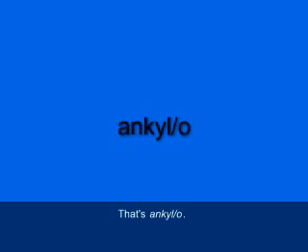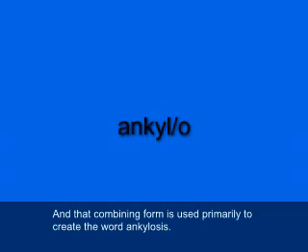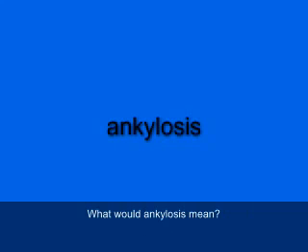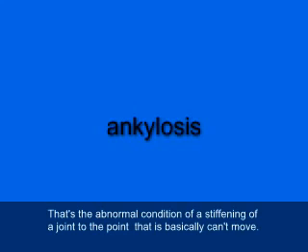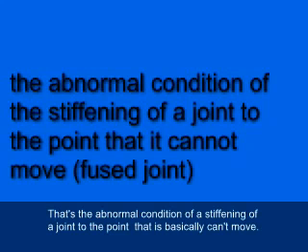That's ankylo, ANKYL/O. And that combining form is used primarily to create the word ankylosis. What would ankylosis mean? Well, that's the abnormal condition of a stiffening of a joint to the point that it basically can't move.